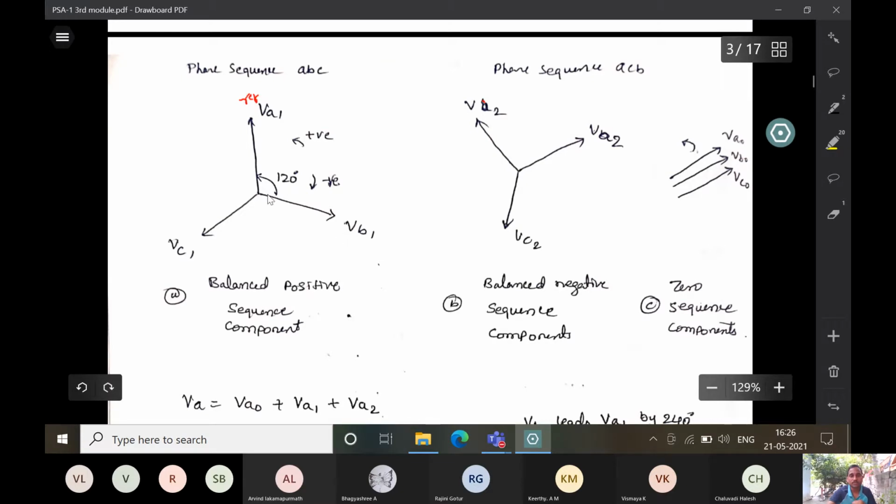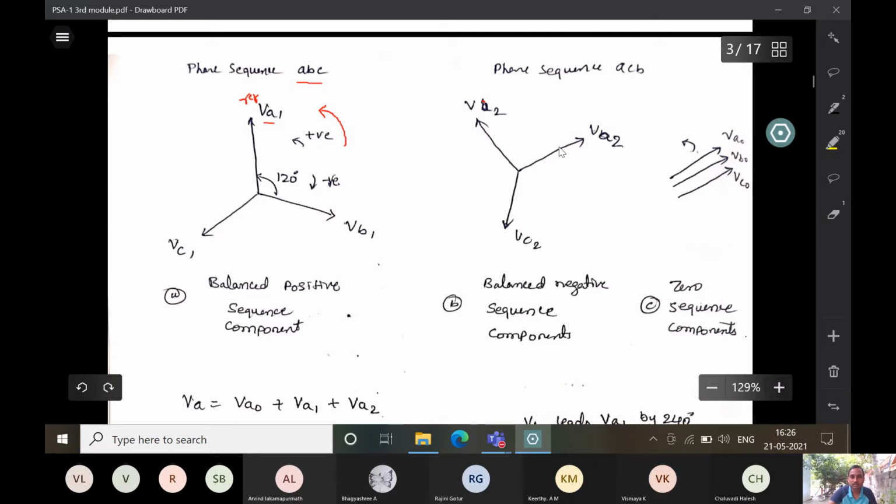VB1 is 120 degree from this, and this is VC1, the balanced positive sequence component. Here the phase sequence is ABC. If you consider the anti-clockwise direction, this is A, and counting will be in the reverse order.